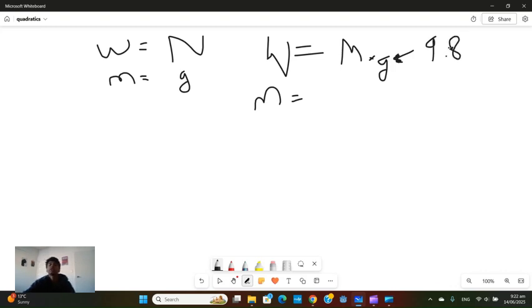However, in the question they might state that the gravitational field strength is 10, or if you're on another planet, it'll be whatever else. That's pretty much all you need to know for weight and mass.